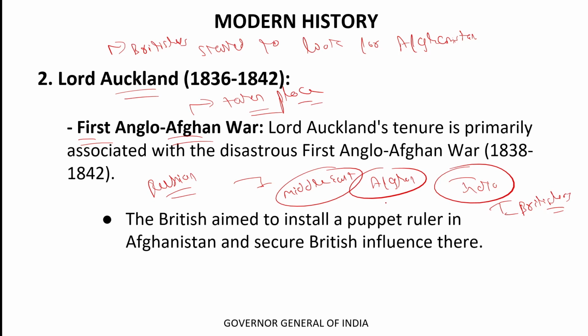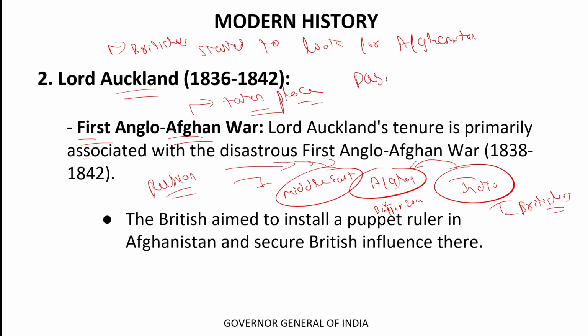So basically you can say Afghanistan was a buffer zone between the Russian Empire and the British Empire. When the Russians started approaching towards Afghanistan, the Britishers thought that Russians would try to invade India also. This would change the Indian dynamics which had been made by the Britishers. So that's why they started to convince Afghanistan to come on their side.